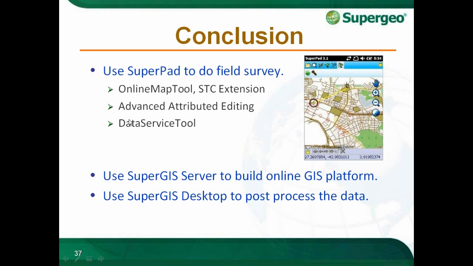We also demoed how to download the data from SuperGIS Server by using the data service tool, and how to use SuperGIS Server to build an online GIS platform for all your team members to collect and manage all the team data. And the last thing we introduced is how to use SuperGIS Desktop to post-process the data and help you get high accuracy data. Thank you. This is for today's webinar.